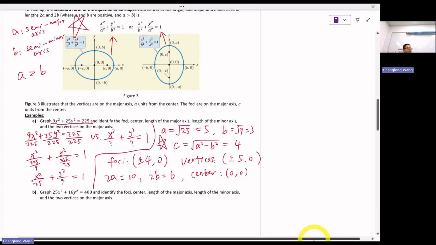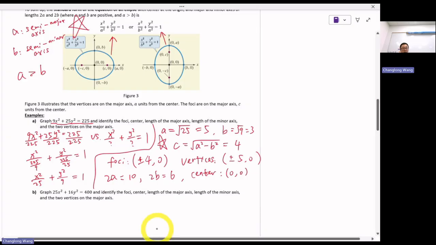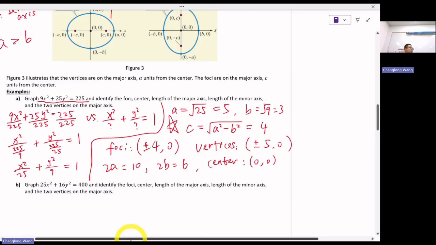Oh yeah, go ahead, Lucia. That's a good question. So maybe the guy who wrote the book decided not to call that some kind of vertices.